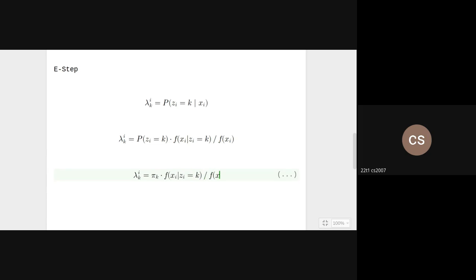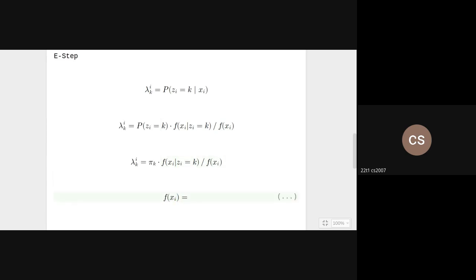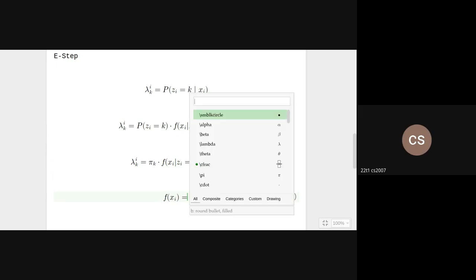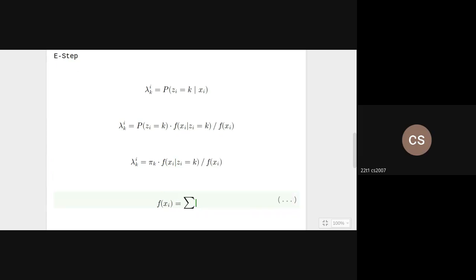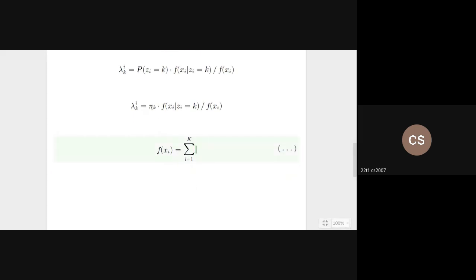Divided by f of xi. Let me separately write f of xi. What is f of xi going to be? Sum of all the probabilities of the cluster. I'll just use index L equal to 1 to capital K. What I did in the numerator is just for the kth cluster. Now I need to do it for all clusters, because the point xi could have come from any cluster.